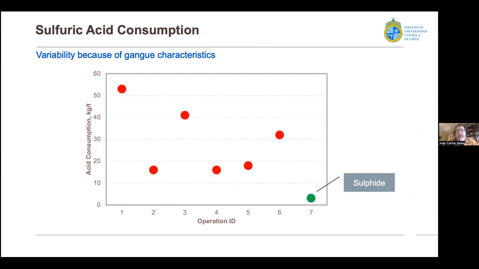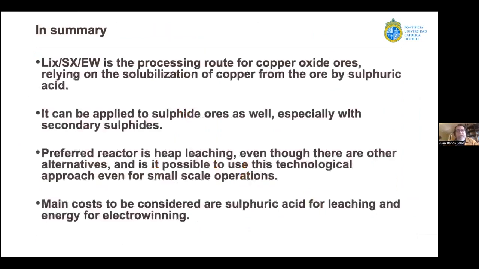Then, as you can see on the slide, you can have ores that might have an acid consumption as high as 55 kilos of acid per ton of ore, or as low as 10 kilos per ton. The point on the right, in green, is the acid consumption for a sulfide leaching operation, in which case, as we said, the sulfide might generate some acid, and consequently the consumption is very low.